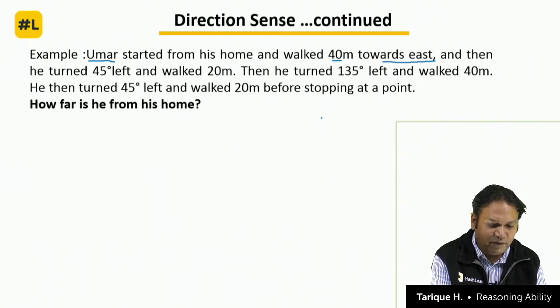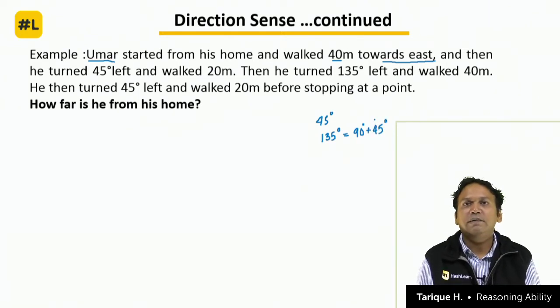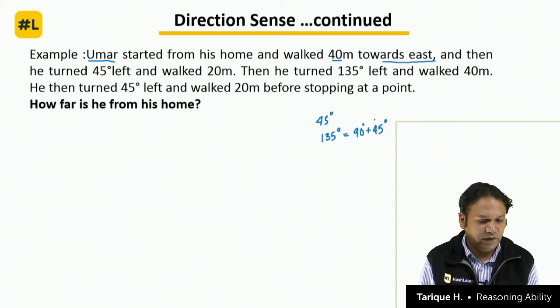So the angles that we are going to work with here are 45 degrees and 135 degrees. As I discussed earlier, 135 degrees means 90 degrees plus 45 degrees. Okay.